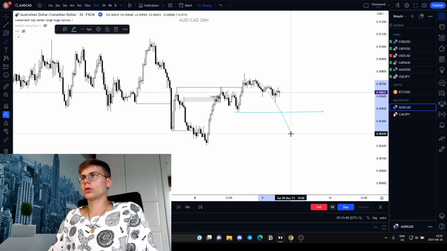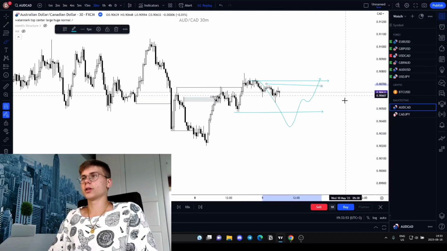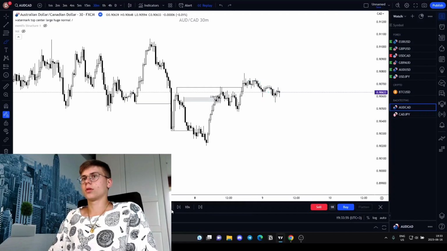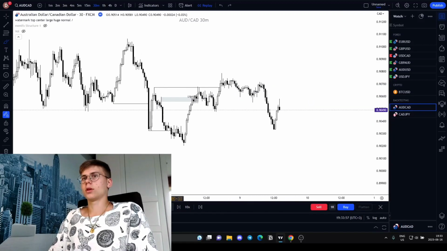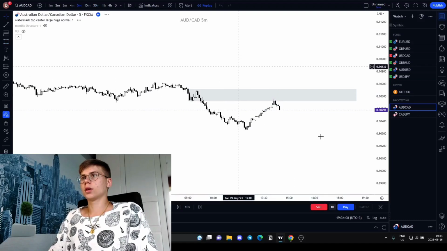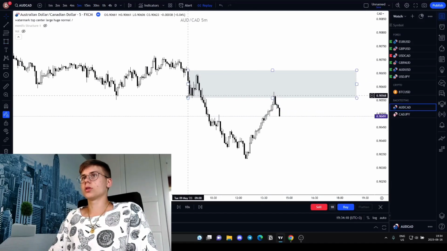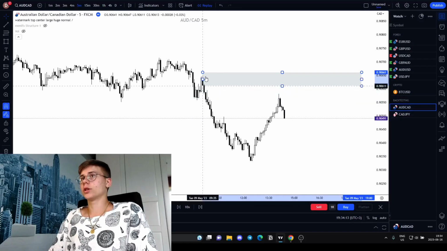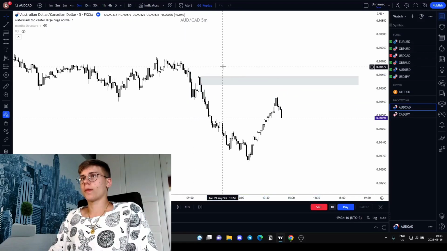Then we could watch for a supply zone like this. Yeah, this is an unmitigated zone. We can refine it. I'm refining those zones because then I will be taking much fewer losses.